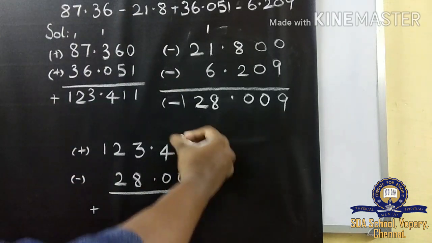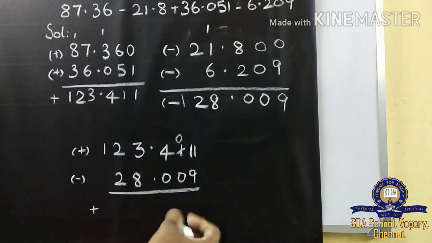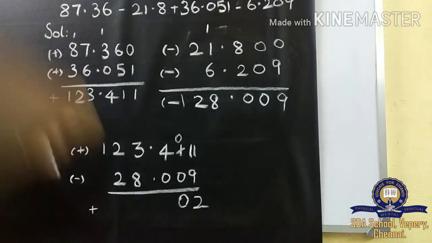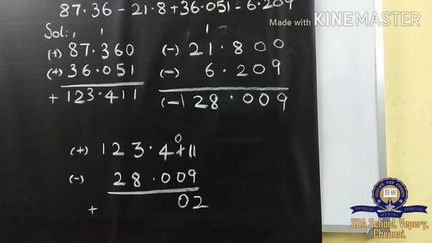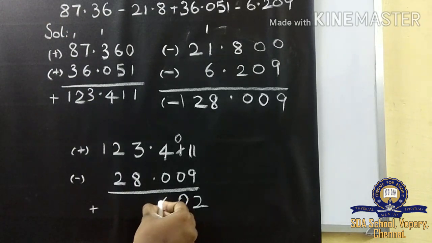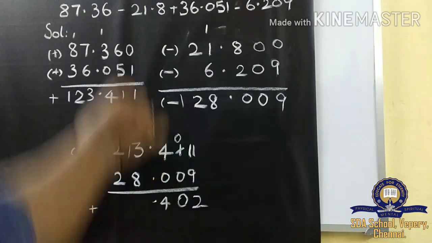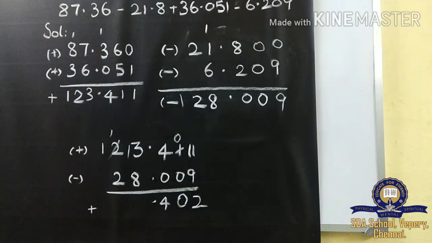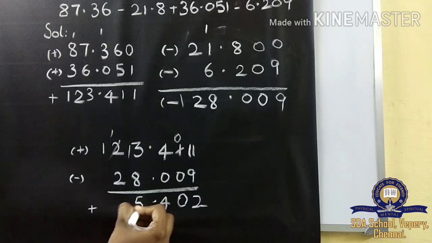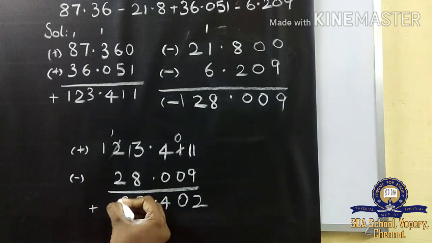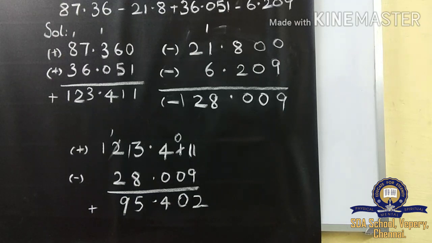Okay, 0, 1, 11 minus 9 is 2, 0. 4 minus 0, as it is, we just put the value as 4. Just borrowing, 8 minus 13, the answer will be 5. Here 11 minus 2, the answer will be 9. So here we find the value 95.402. Okay.